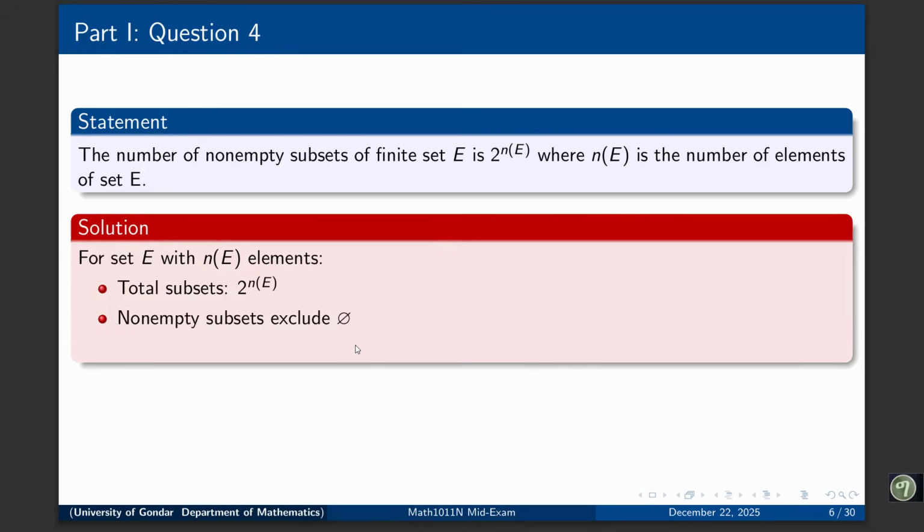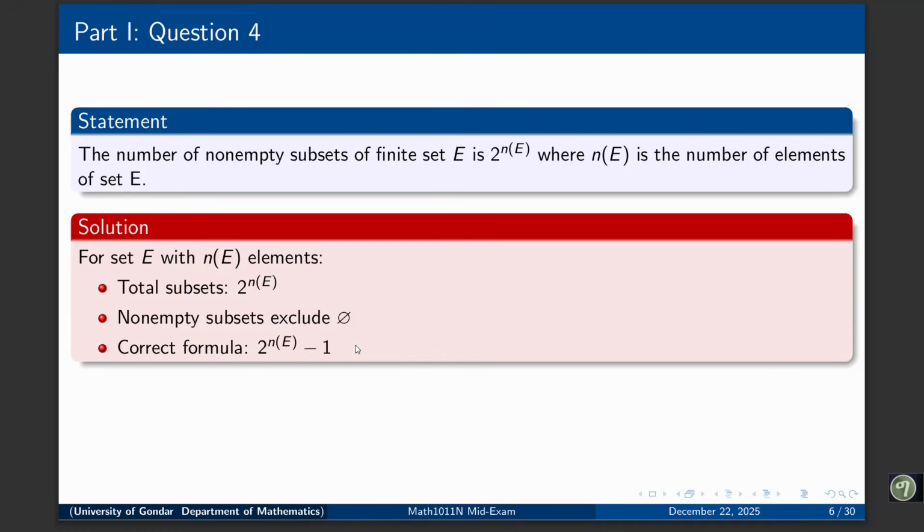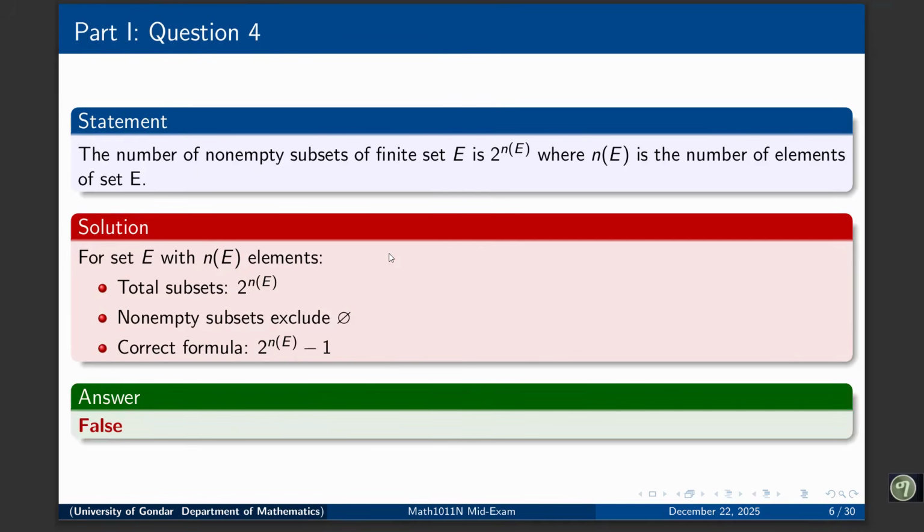The correct formula is therefore 2 to the power of n(E) minus 1. We subtract 1 just to exclude the empty set from the subsets of the given set. Therefore, the correct formula is this one, so the statement is false.